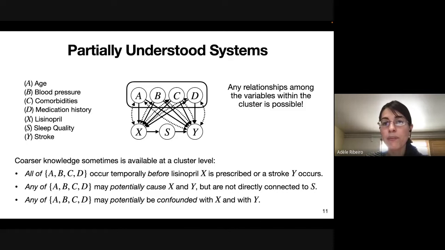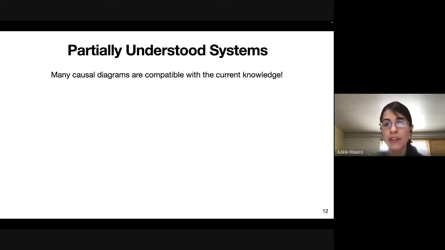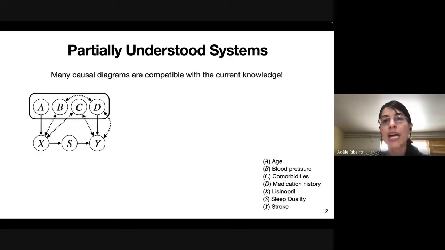So one important observation is that within the cluster, any possible relationship is allowed. We could have A causing D, confounding between B and D, anyways, a lot of other relationships. So many causal diagrams are actually compatible with this current knowledge. Since we have a partial understanding of the system, many causal diagrams could be the true underlying diagram.